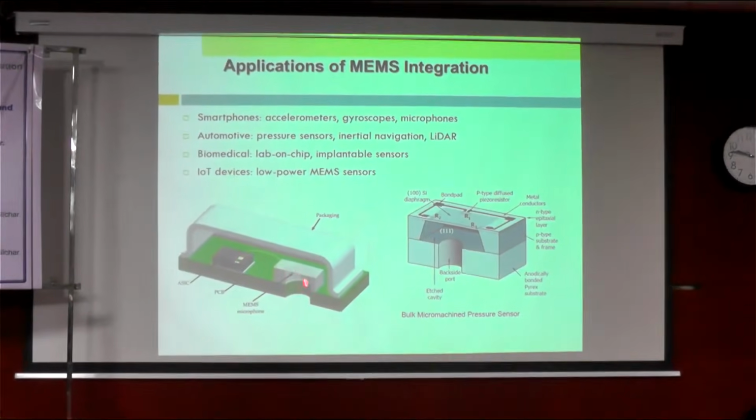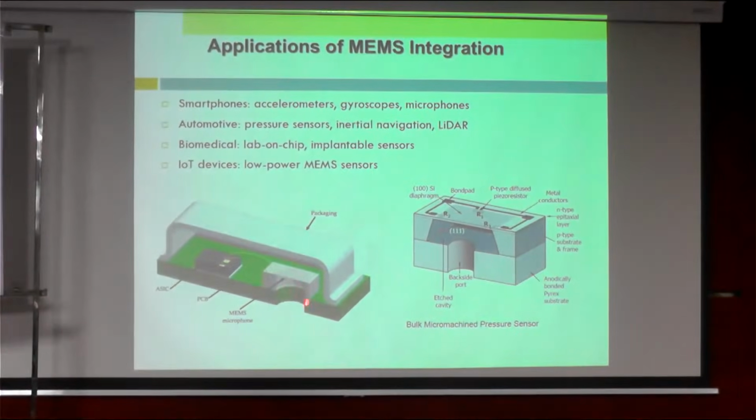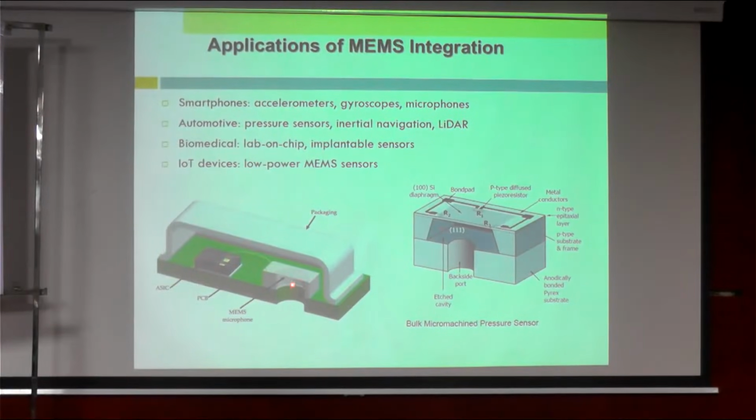Let's say this is a microphone. To a certain extent, you need to have the microphone have an opening so that it can function as a microphone. But to a certain extent, you want to package it to protect the components from dust, from humidity, etc. So that is the challenge where you need to have an opening to the inside for this device to function, but at the same time you need to have packaging to protect the device itself.